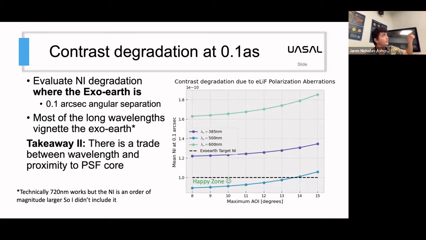And we have a minimum at 500 nanometers that is a trade-off between strong polarization aberrations at short wavelengths and the degree of separation of the exo-Earth from the inner working angle of the coronagraph, where the PSF core is bleeding through to the final focal plane. For a maximum angle of incidence shorter than 13 degrees, we have a little happy zone where we meet that 1 times 10 to the -10 threshold. So the second key takeaway is that there is a trade between wavelength and actual proximity to the core of the point spread function.